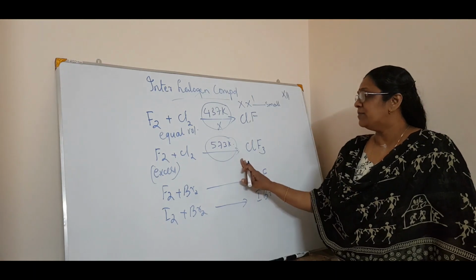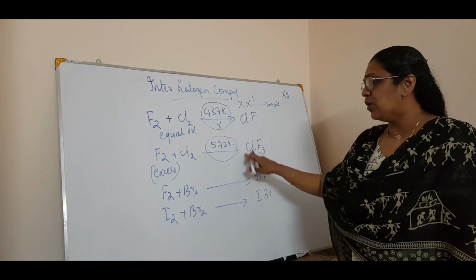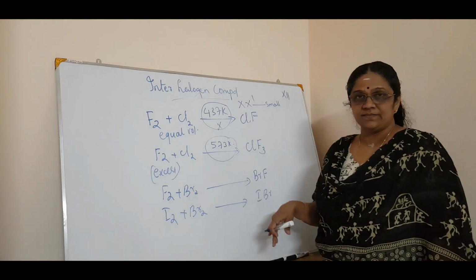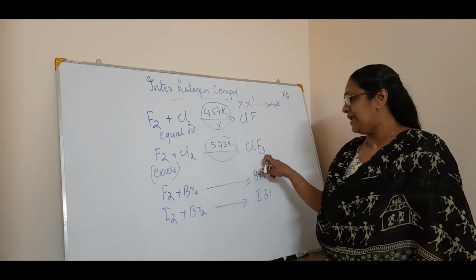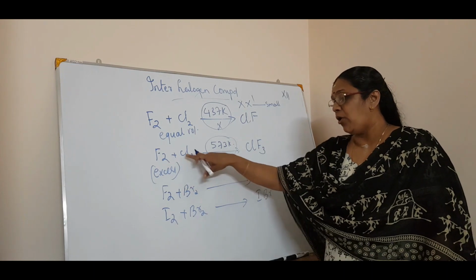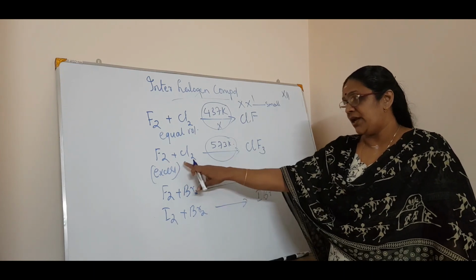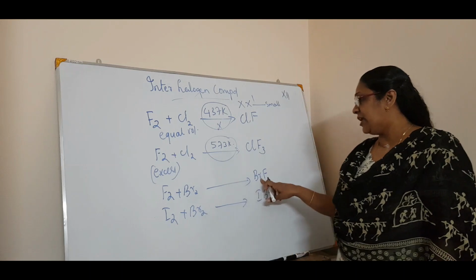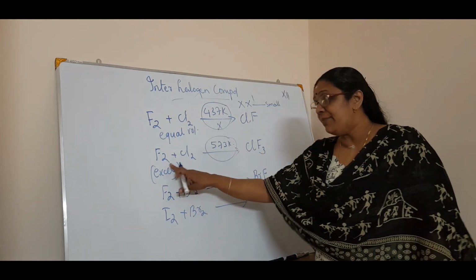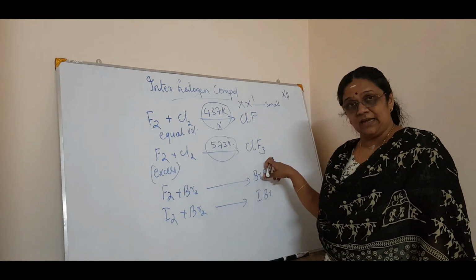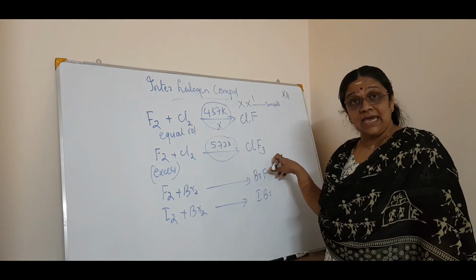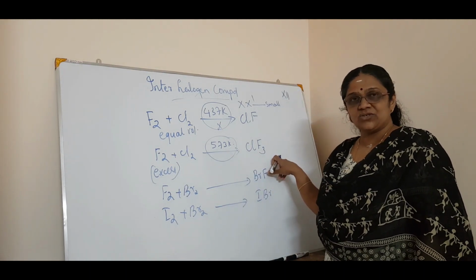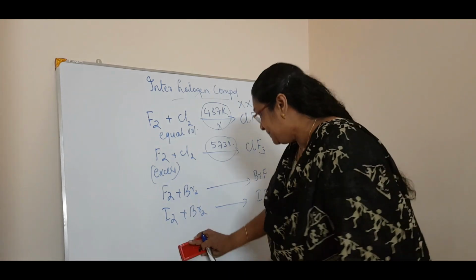Please study two or three; you can write them on your own. Equal amount gives ClF, excess gives ClF3. In the same way, bromine plus fluorine will give you BrF, or iodine plus chlorine will give you ICl. Now if fluorine is in excess, you can have IF7.